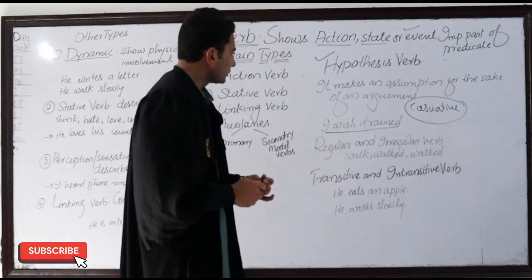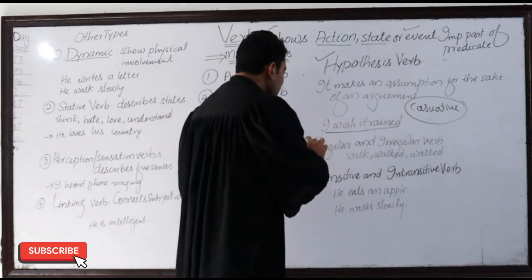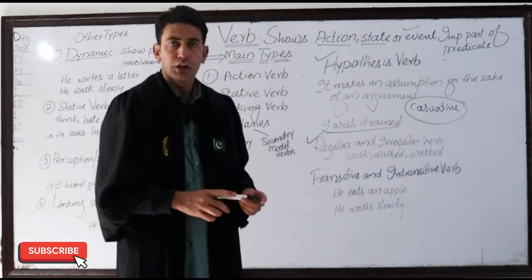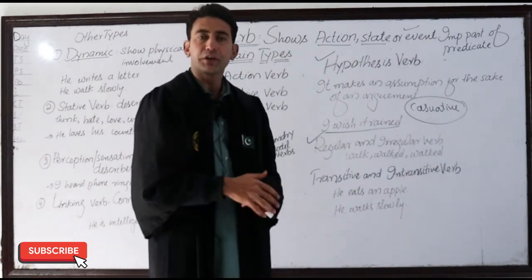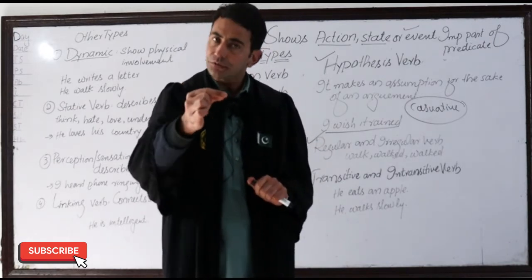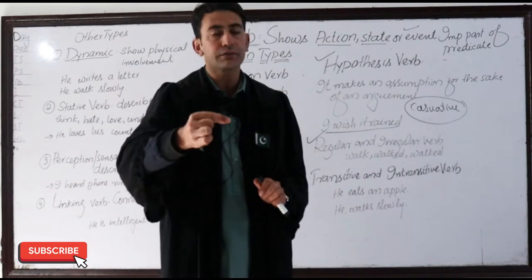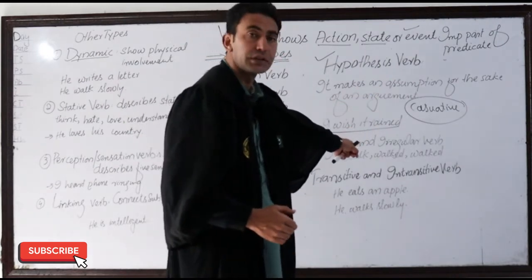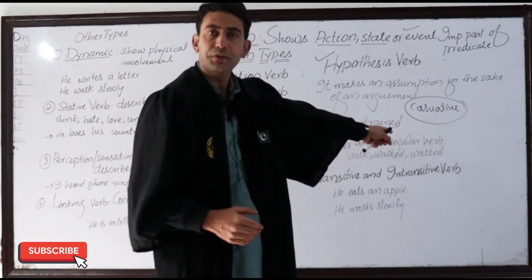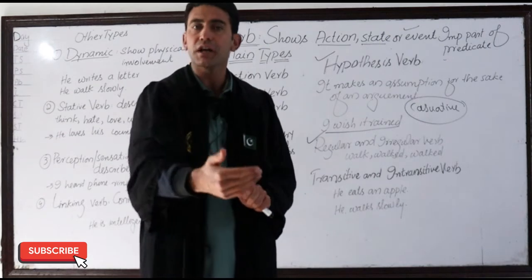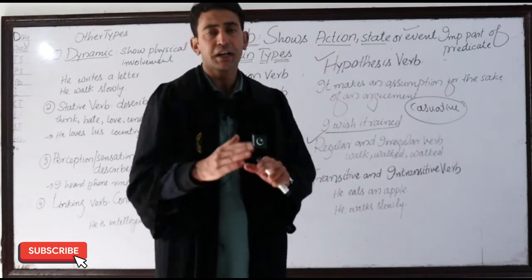Okay, now let us move on toward the regular verb and irregular verb. When we talk about the regular verb, in case of regular verb, the conjugation follows the same typical pattern, but it is not the case with the irregular verb. In case of irregular verb, the same typical pattern is not followed. Understand?